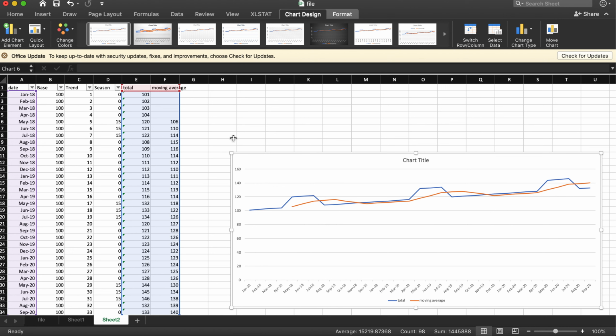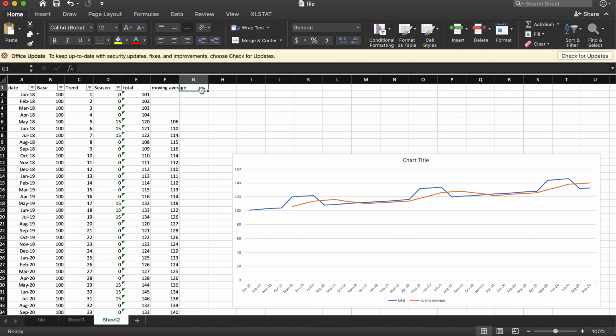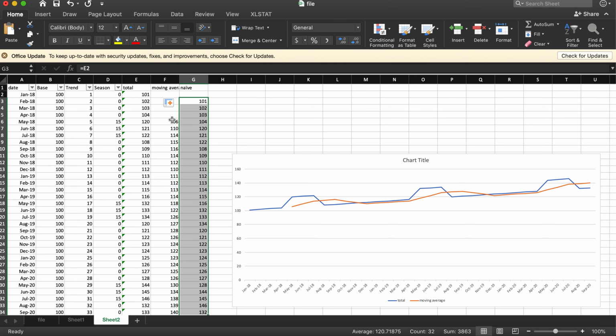Another way of thinking about it is if you want to forecast the value for next month, then you should just take the value of this month. That's called the naive case. So for that, we'll just set up a prediction of last month's value. There we go.